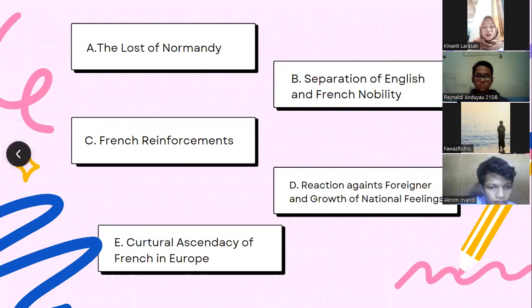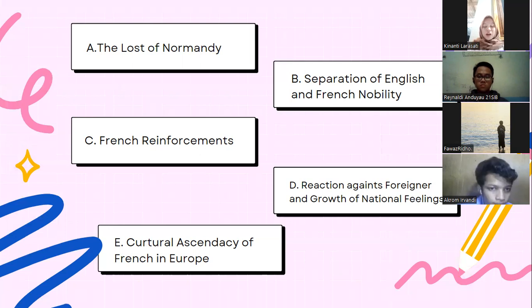B. The separation of the French and English nobility. After the Norman conquest, large numbers of people controlled land in England and France. In 1204, the process of separation was accelerated when the King of France confiscated the land of several great barons and all the knights living in England.